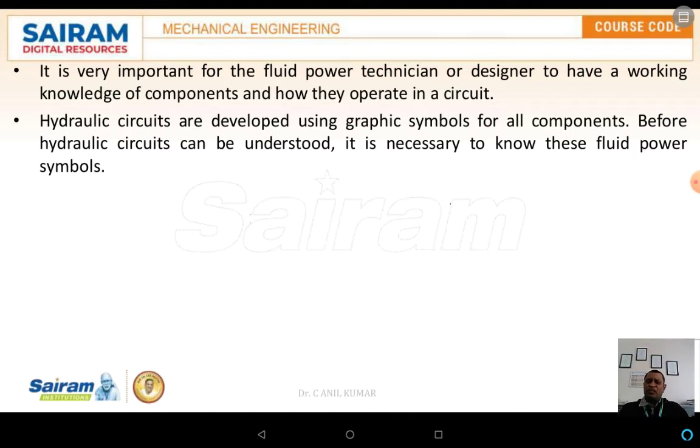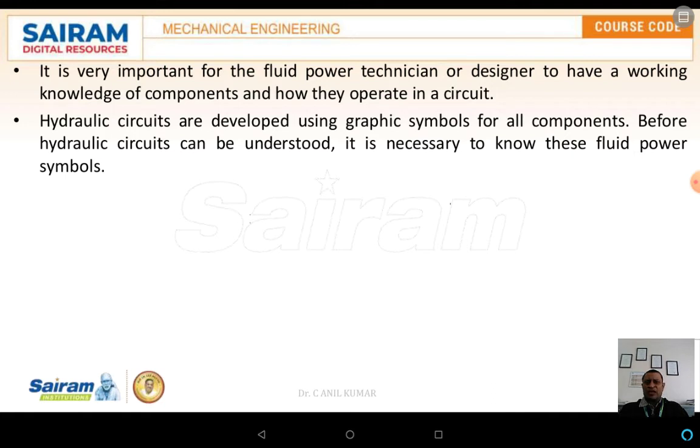Before a hydraulic circuit can be understood, it is necessary to know the fluid power symbols. Once you know the symbols, it is very easy to draw the circuits. If the symbols are not known, it is very difficult to draw hydraulic circuits. For that reason, in further discussions, there are two sketches over there.